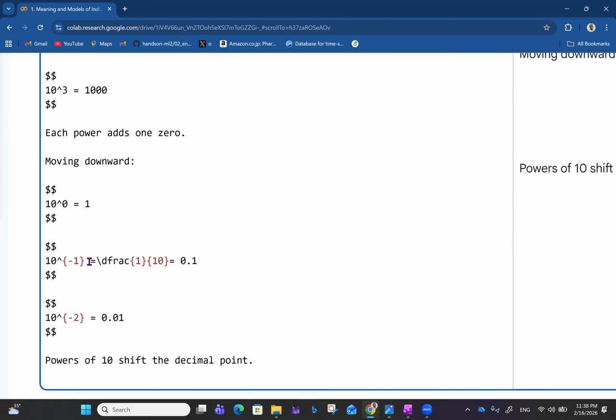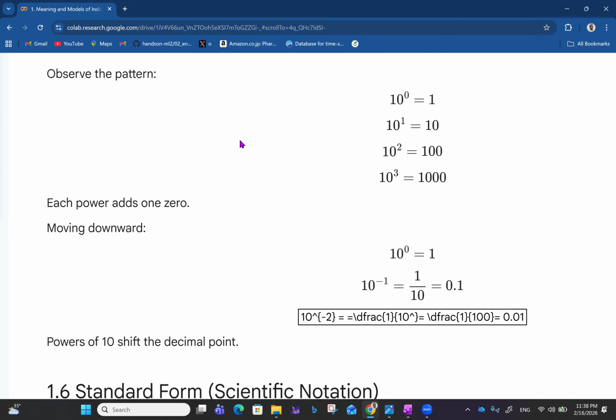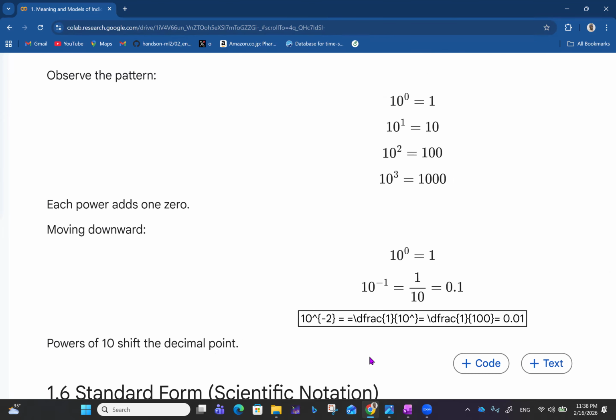On the other hand, we have 1 divided by 10 raised to power 2, which is 1 divided by 100. Something is not right here.